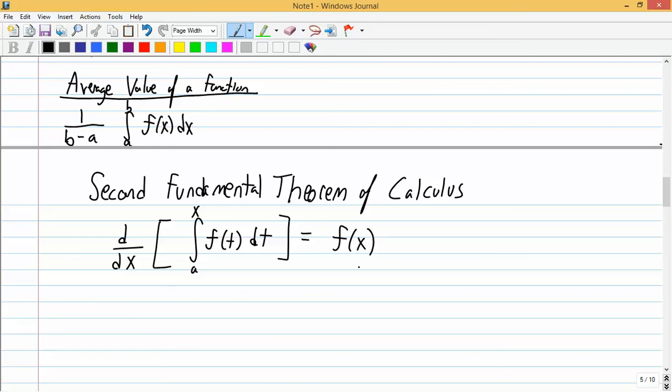To me, one real easy way to understand this is to think about doing this integral and finding an answer, and then you plug in these two values, and then you take the derivative of that with respect to x. You're just going to get that function of x.